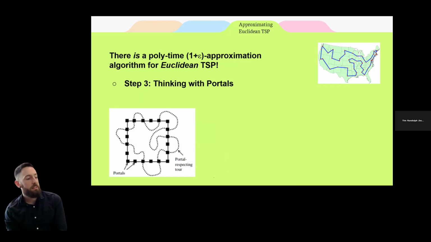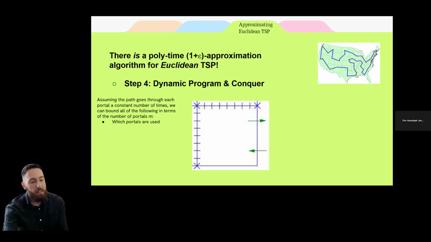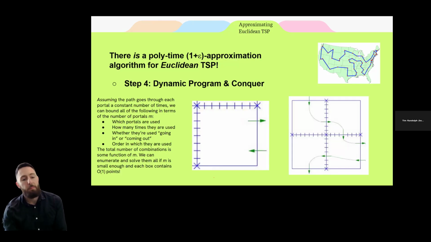We restrict the number of ways our TSP tour can interact with each box by using portals and enumerating all of the ways that any TSP tour can possibly interact with the edges of the box before solving that subproblem for all possible subproblems in all of the boxes. And then we repeatedly combine our optimal solutions for the various little boxes to get the solutions for larger boxes.